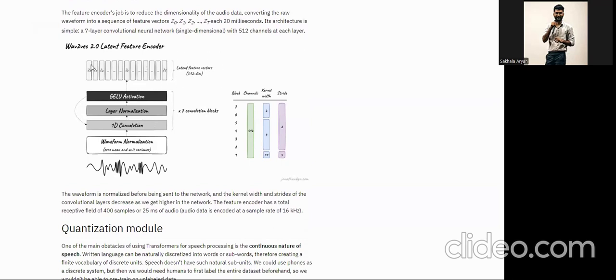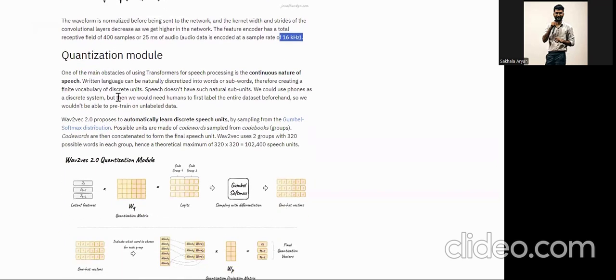This is the output, which then goes into our second element, the quantization model. The end goal is the latent feature vectors, which are of 512 dimensions. They have also given that 25 milliseconds of audio was sampled at a rate of 16 kilohertz.